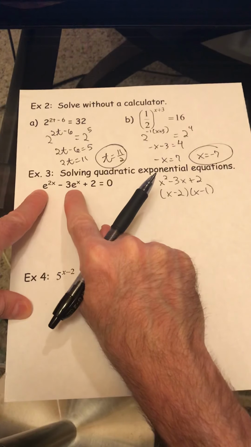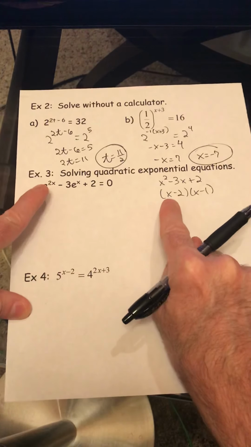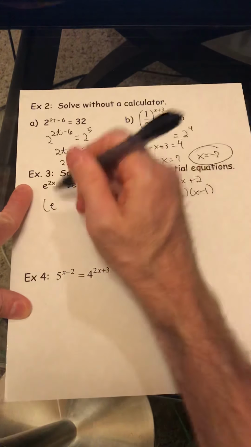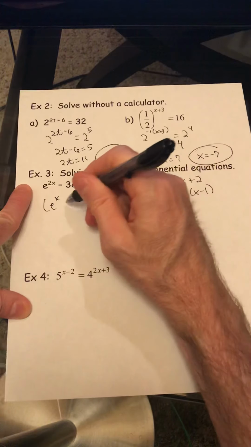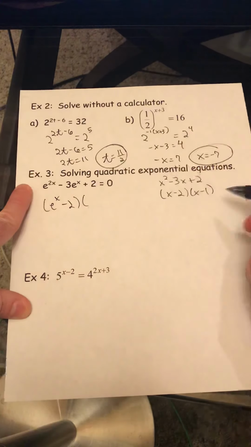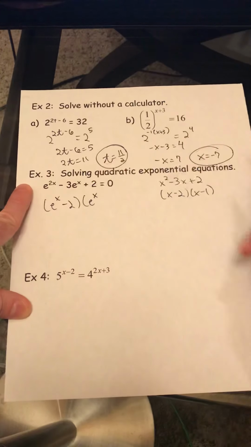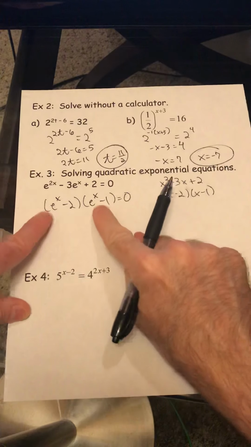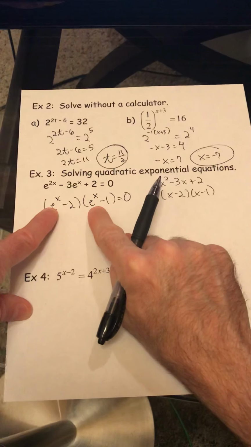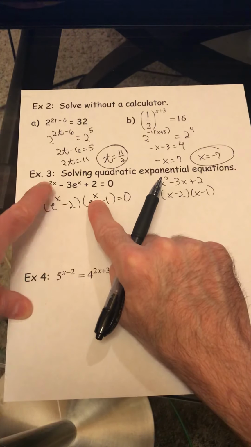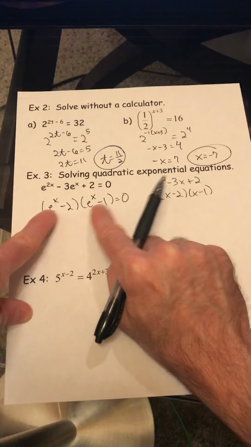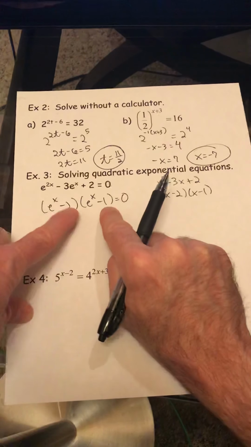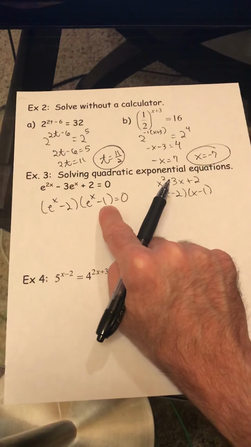So when I factor this, it's not going to be just x minus 2. It's going to be e to the x minus 2 and e to the x minus 1. So e to the x times e to the x, well, when you're multiplying, you add powers. x plus x is 2x. I have minus 2 e to the x, minus 1 e to the x. That's where the minus 3 e to the x comes from. And then, of course, the negative 2 times negative 1 is the easy part.